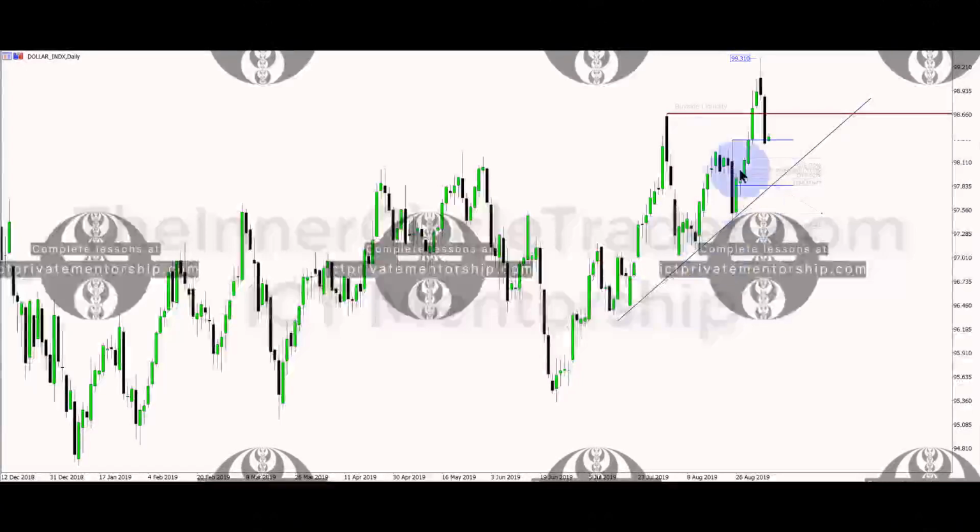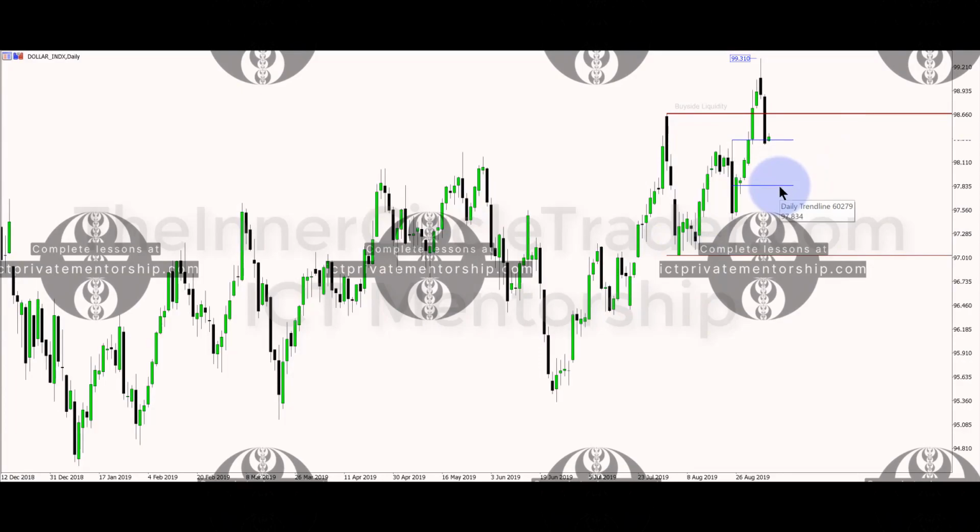If we look at that from a liquidity standpoint, sell side liquidity rests below these lows here. So forget that line; we don't need that.